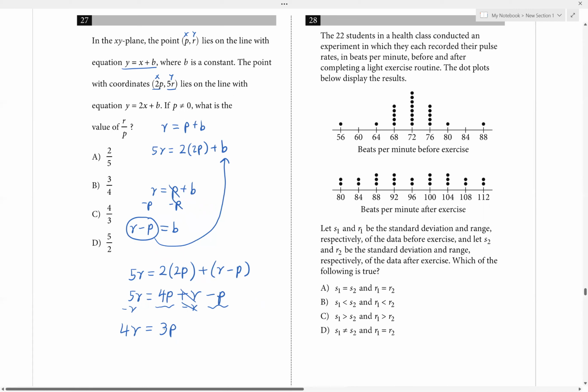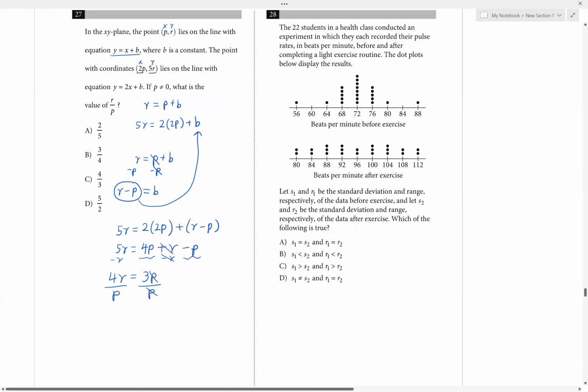The p has to be below the r, so we divide by p on both sides. The p will cancel on the left, so we get 4r over p equals 3.